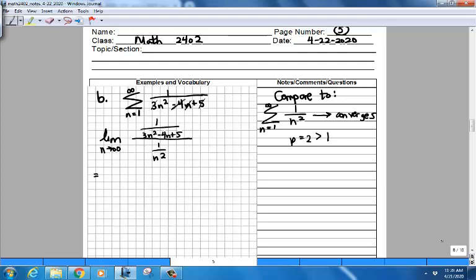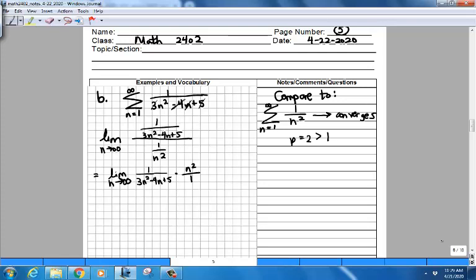And so I can compare these two series. So let's do exactly what we did in the prior problem. Once you simplify this complex fraction, converting it from a division problem to a multiplication problem, you get, well, let's write it out here: 1 over 3n squared minus 4n plus 5 times n squared over 1.